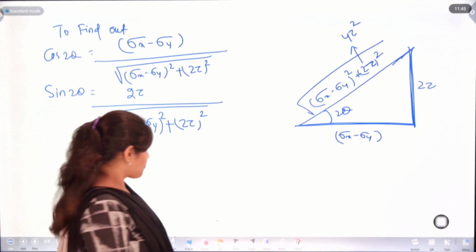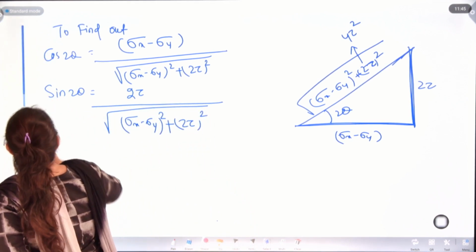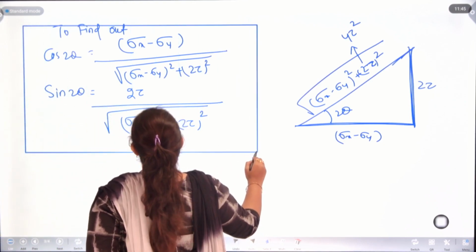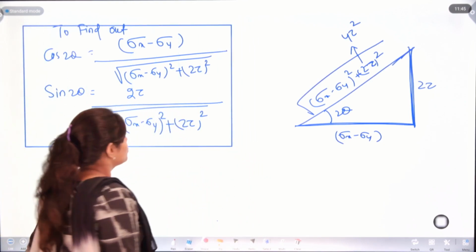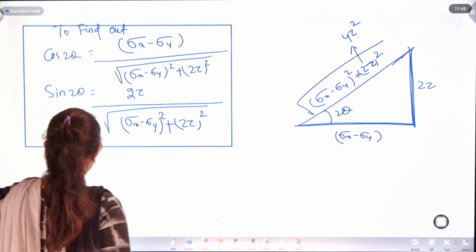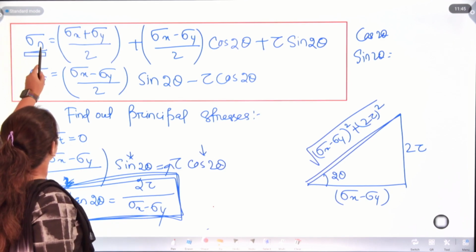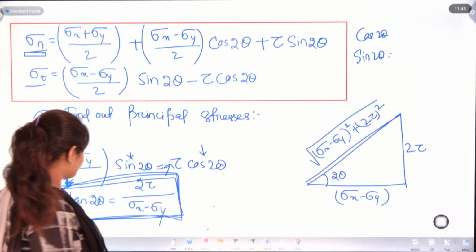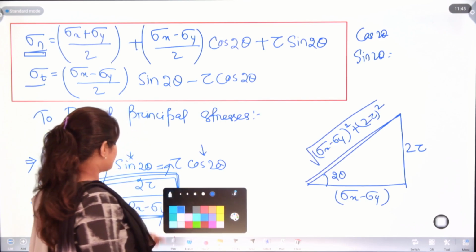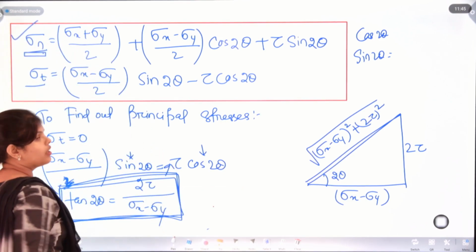Let's put it into a box. So we will use these cos 2 theta and sin 2 theta values in case of sigma n. Sigma n is nothing but our normal stress. We have already found out the normal stress here, right?